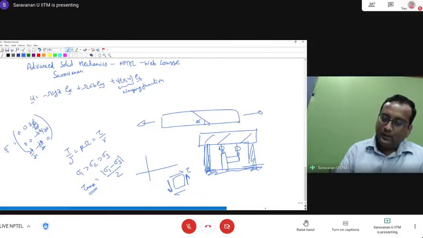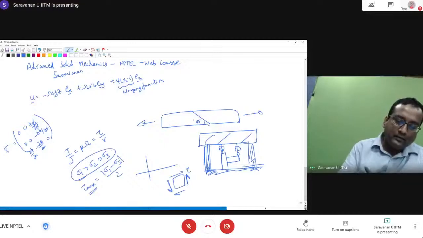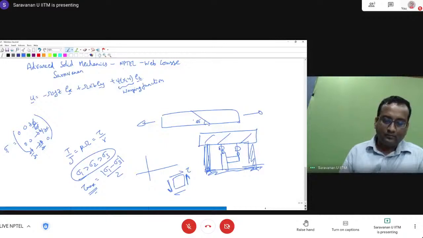Basically, it doesn't make sense to talk about positive or negative shear stress. You talk only about the magnitude, and there is always a plane which has 0 shear stress, which will be the principal plane. So shear stress varies from 0 to this maximum value, or 0 to the negative of this maximum value. You always talk only about the maximum value of the shear stress, not the minimum.